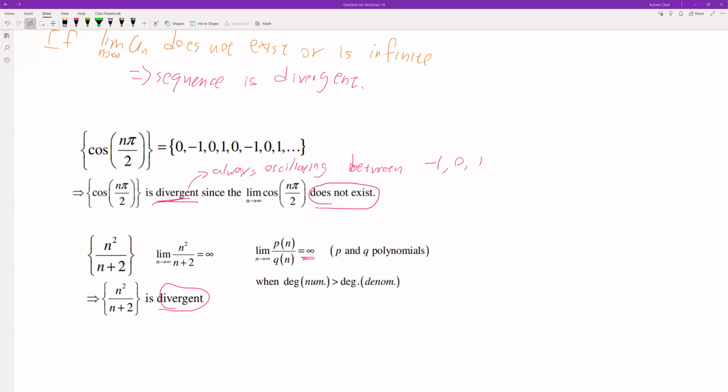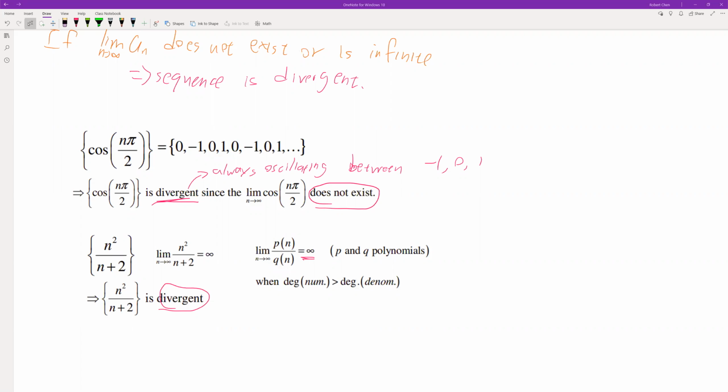And that being said, the technique to take the limit to infinity is also very important here. For example, earlier in the semester, we learned about L'Hopital's rule, and in Calc 1, we learned different theorems, different tools, the limit laws, the limits at infinity.